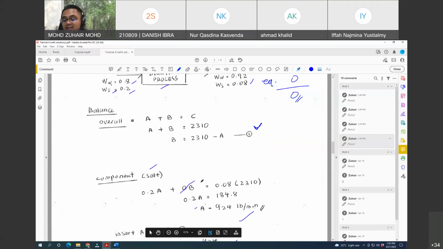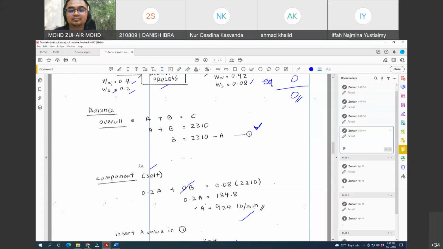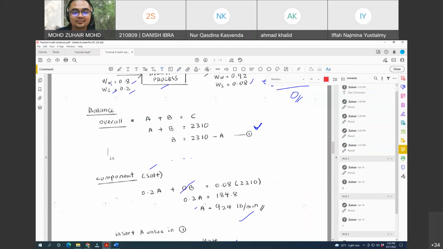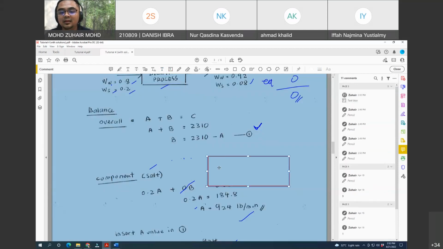Otherwise, if we do the component balance of water, I really hate this. Let me just type it. Okay, for water, I don't know why I cannot type it in.